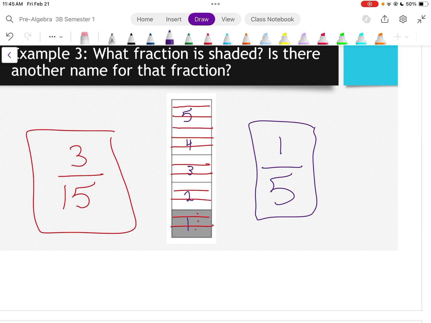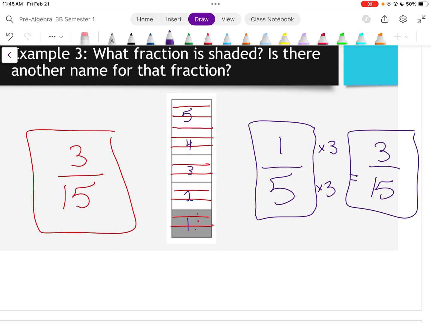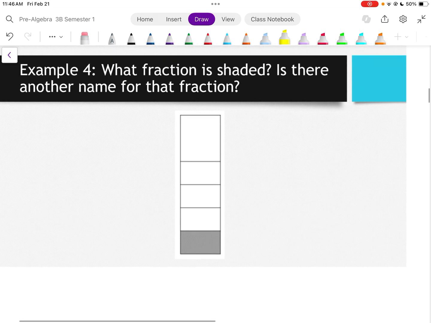And we could get that by taking the 1 times 3 and 5 times 3 to get 3 over 15. The important thing is that these numbers, when we're multiplying, both the numerator and the denominator have to be the same. All right, what fraction is shaded here?